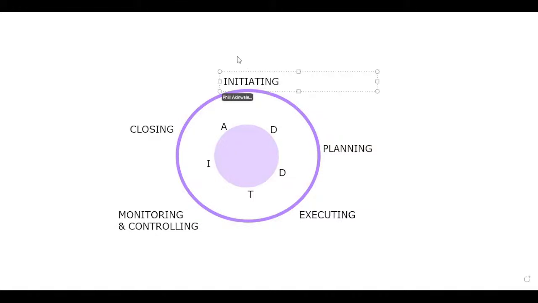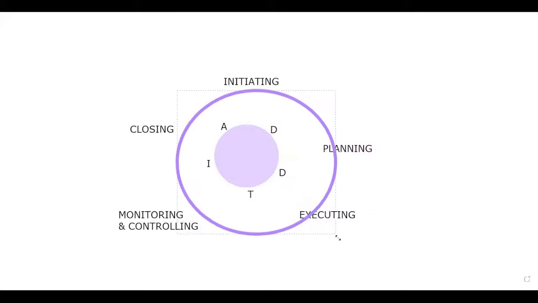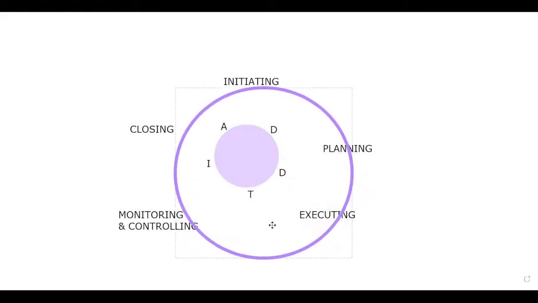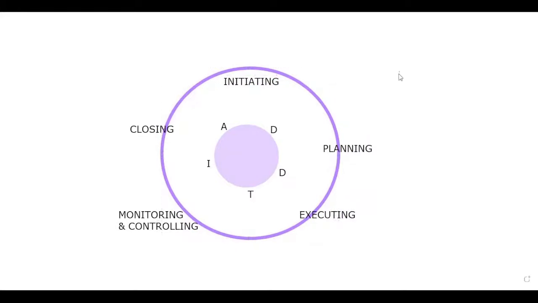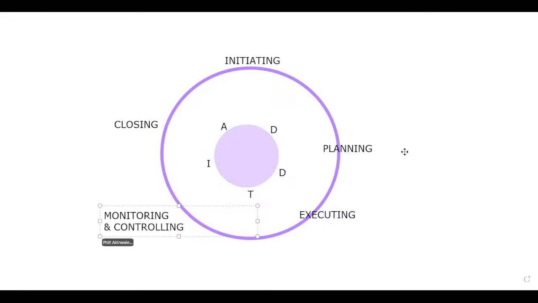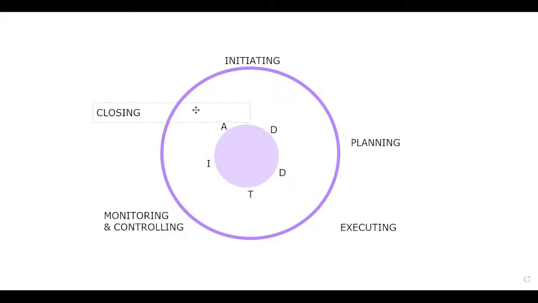Now, all of this stuff, we can look at this with a different bend. We can look at this as being a container for a lot of other things. So we're going to expand it. And then we're going to put inside here another view of the world. And that view of the world I want you to comprehend is the knowledge areas of project management.